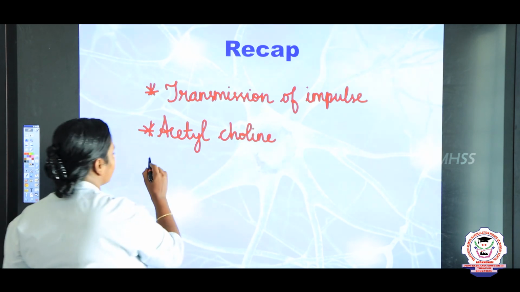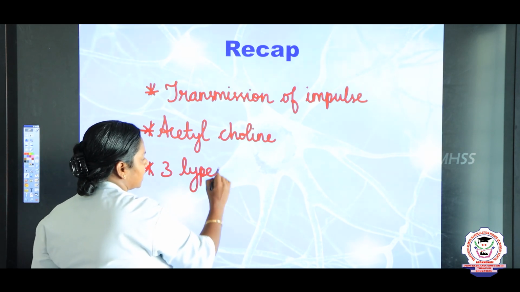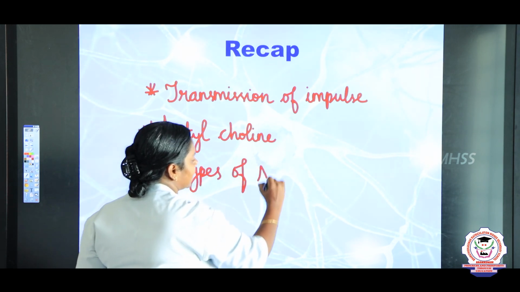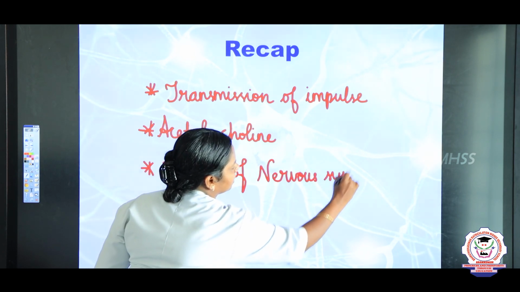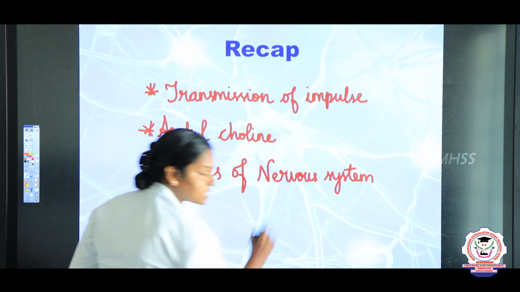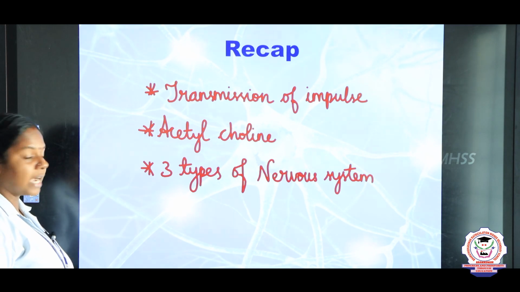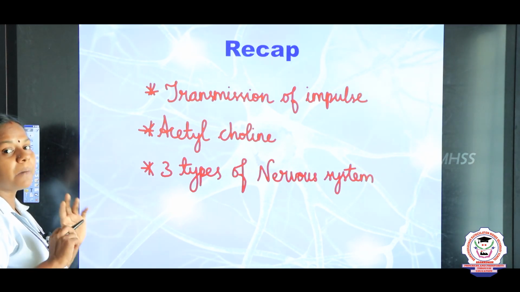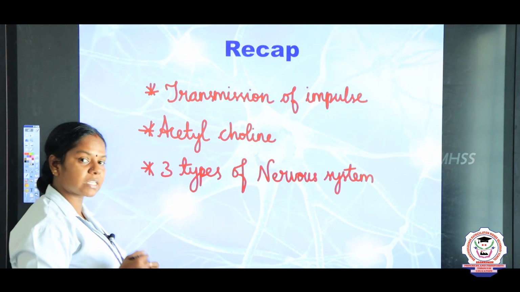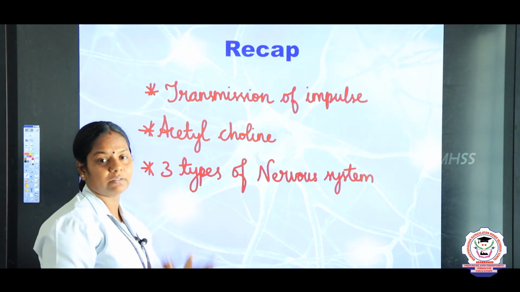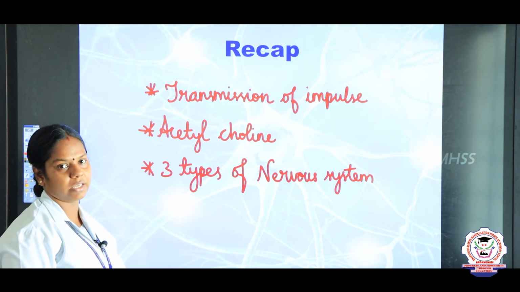And then we discussed the 3 types of nervous system: CNS, the central nervous system, PNS, the peripheral nervous system, and ANS, the autonomic nervous system. And then we studied the parts of the brain, right? What are the parts? Forebrain, midbrain and hindbrain. And then we discussed the meninges, the outermost covering of the brain, and how the grey matter and the white matter are located in the brain and the spinal cord.